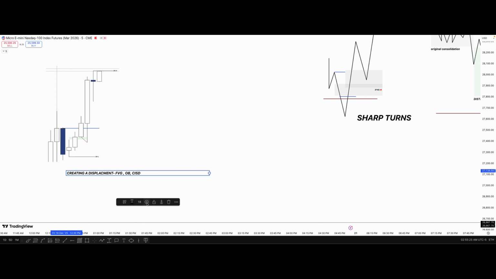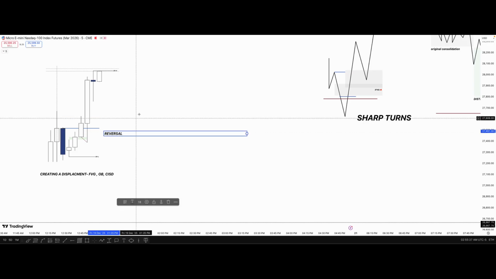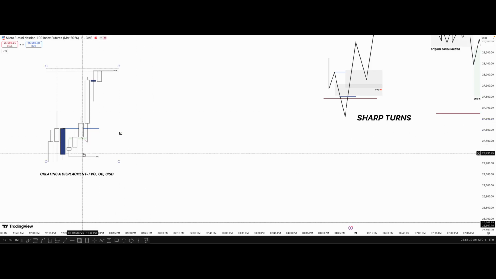This is the true nature of a true reversal here. So reversal always happens in this way. This is what is known as reversal.